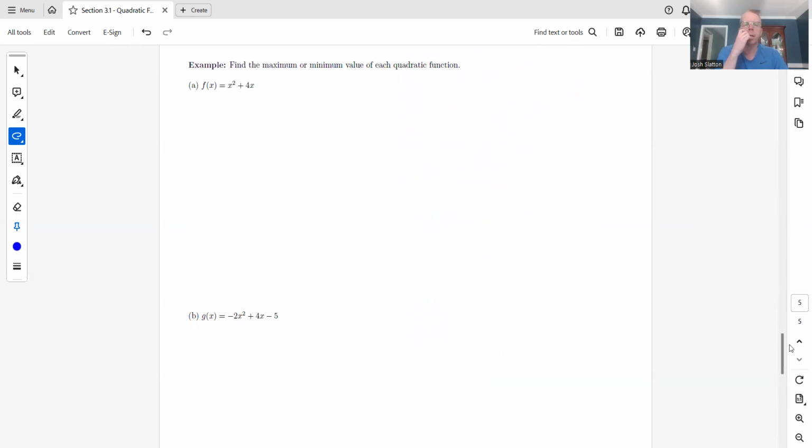Find the max or min of each quadratic function. Again, just find the vertex, find the y value of the vertex. This one will have a minimum because we're opening up. This one will have a maximum because we're opening down. We do it the same way. So h is negative b over 2a. a is 1, b is 4, so this would be -4 over 2 times 1.